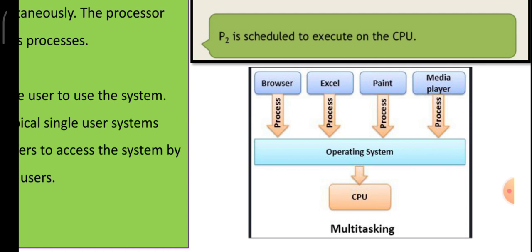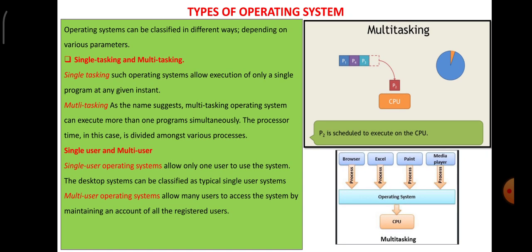You can open a media player and listen to some music. So all these things can be done at one point of time, which is called multitasking. Many tasks can be performed in an operating system within a specific time frame is called a multitasking operating system.